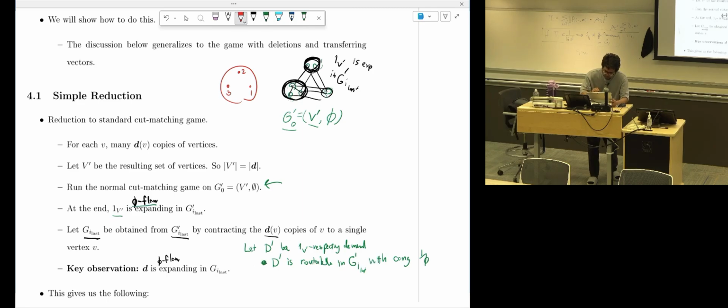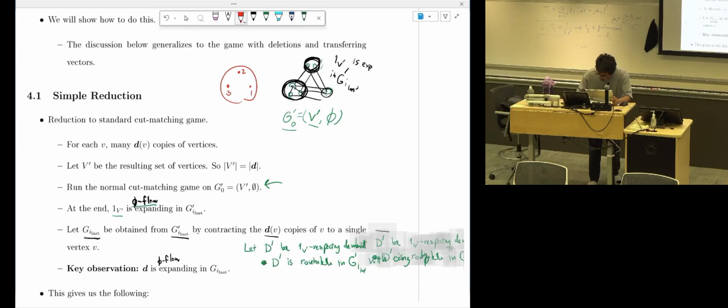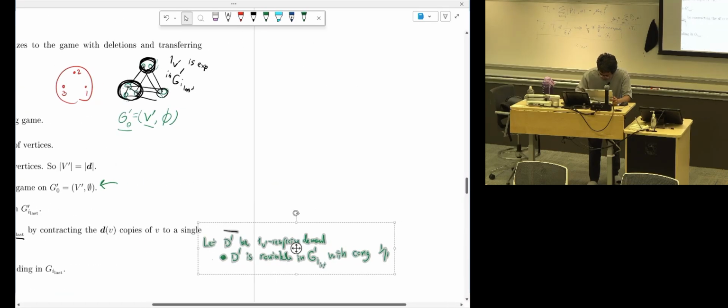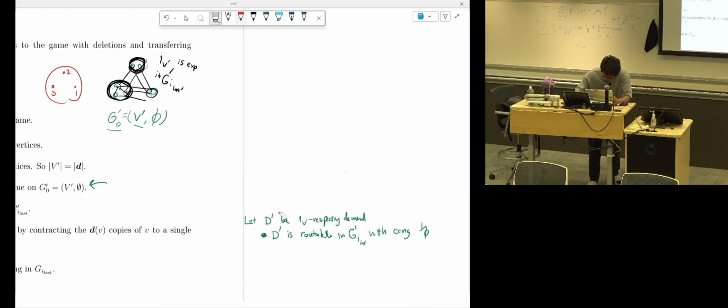Maybe I should start with this. Let D be a D respecting demand in G I last.